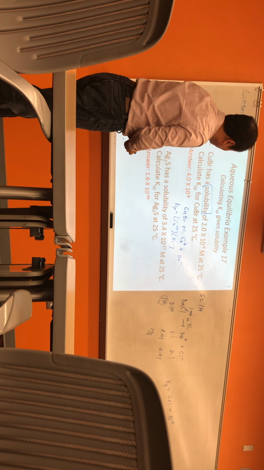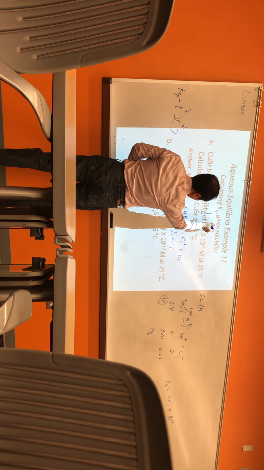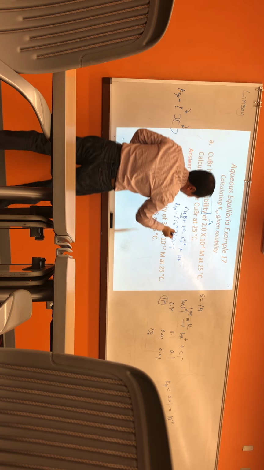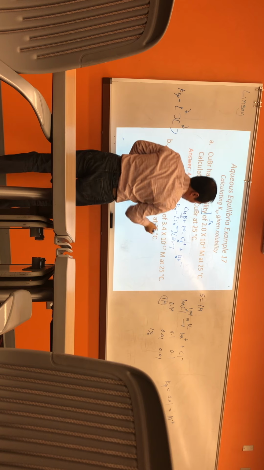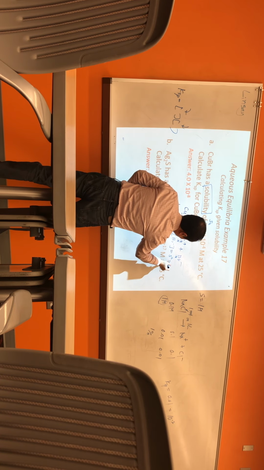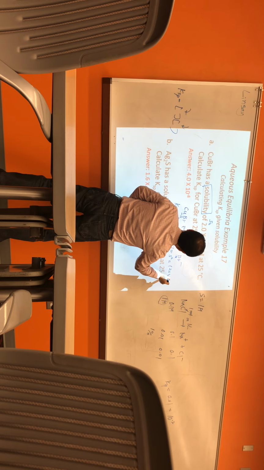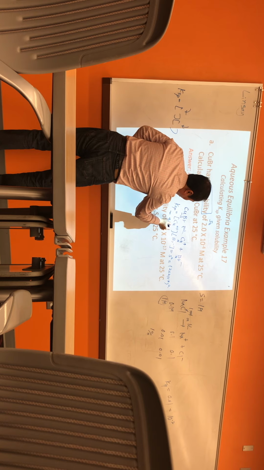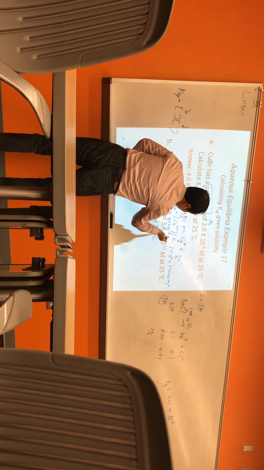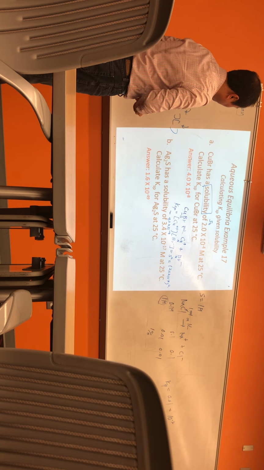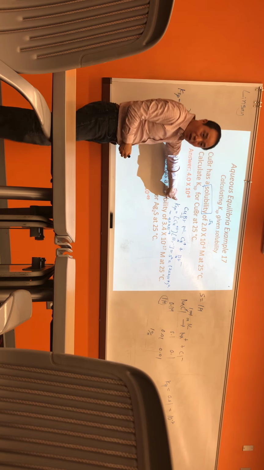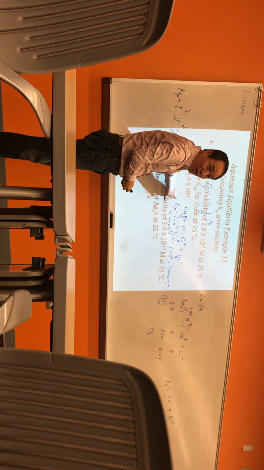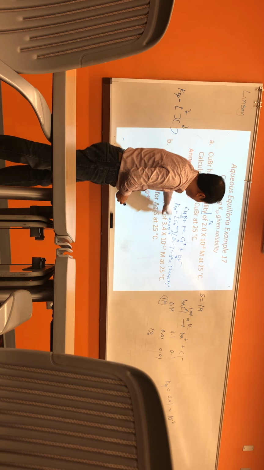So if we know solubility is that number, let's call this solubility S. If S amount dissolves, then here it will be S, there will be S, it will be S squared, which means 2.0 times 10 to the minus 4 squared. So that makes it 4 times 10 to the minus 8. By the way, although a constant has a unit, if your constant does not have a unit, do not write anything here.